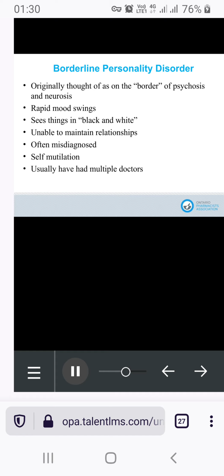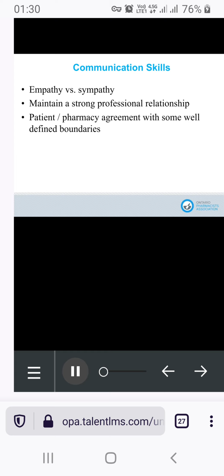Communication skills: empathy versus sympathy. Maintain a strong professional relationship. Patient pharmacy agreement with some well-defined boundaries.